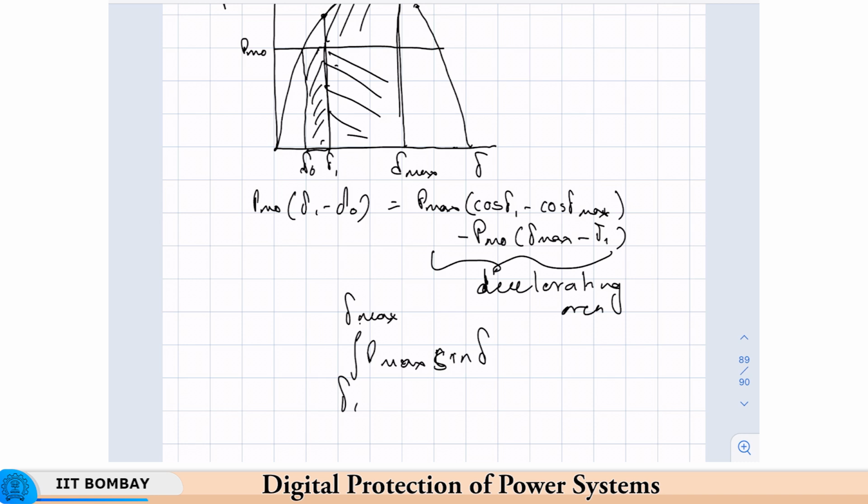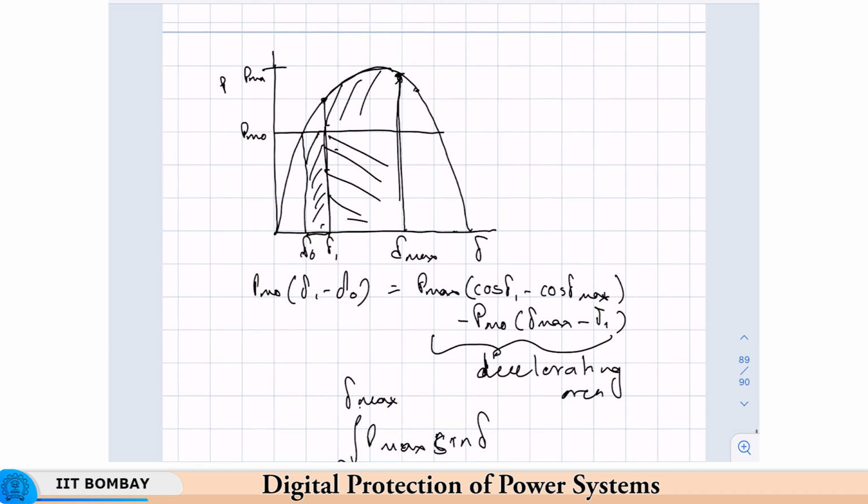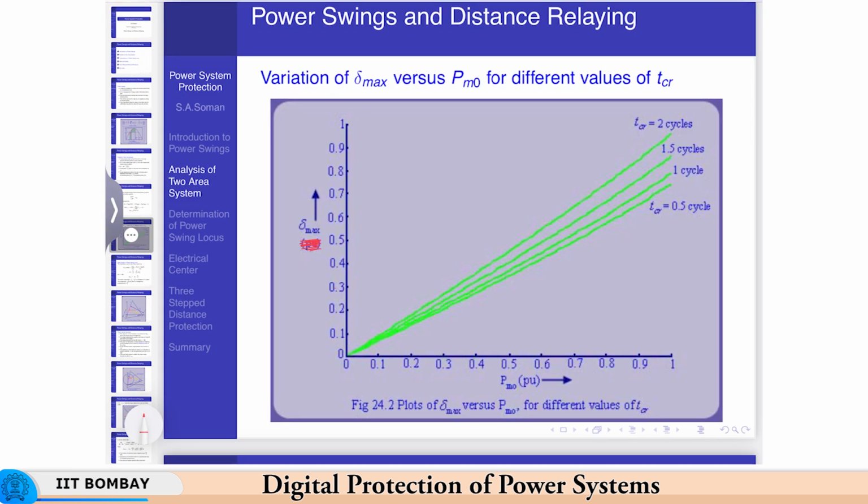The integral of sine delta is minus cos, so that will give you this, and then you have to subtract this area from that, which is this part. So, you just equate that, and from that you will be able to find the delta max, which is a function of both the initial mechanical input and the clearing time. This is a non-linear equation, so you will have to solve it using some solution techniques.